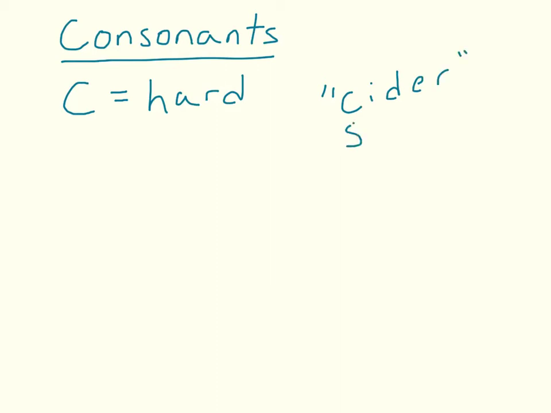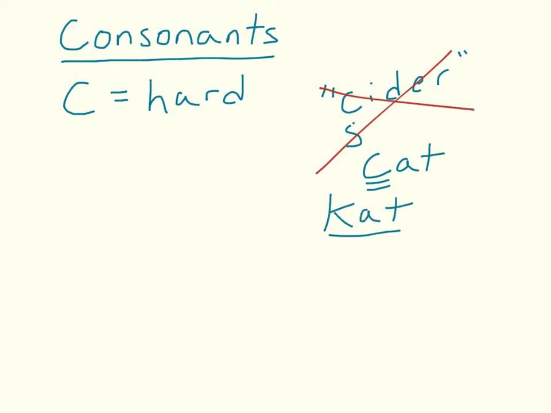So that's soft, cider. We're not going to go for that. We're going to go for a hard C instead, like in the word cat, which you can almost imagine being our letter K. Right? Cat. So it's always going to be that hard k. Never is it going to be s, a soft. It's going to be hard.